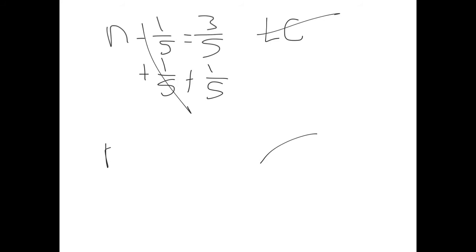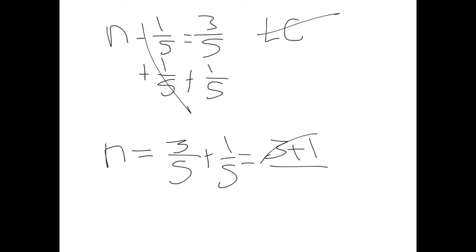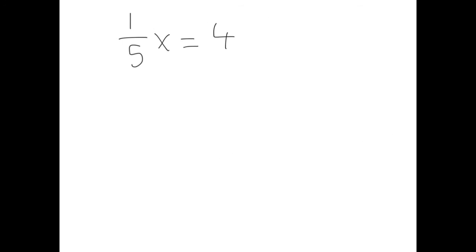Now we just do n equals 3/5 and 1/5. Now, our numerator would be 3 add 1, and our denominator would be 5. And 3 add 1 is 4, it's 5, and that's 4/5. That's our answer.